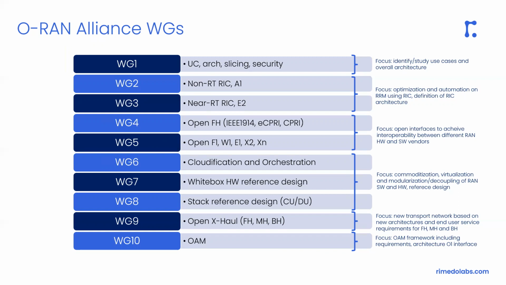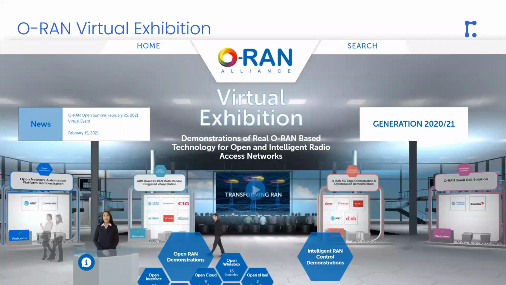They are not aligned with each other. Therefore, it takes time, and we are not yet at the point where fully compliant systems are available, because for example, the non-real-time RIC is much less specified than the near real-time RIC with all the APIs and things like that. So that's something to keep in mind.